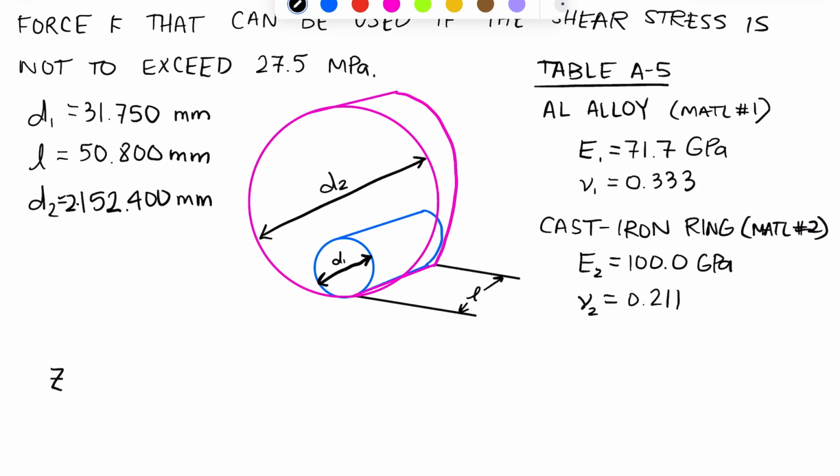So that's the first thing that we can go ahead and identify. We're going to be analyzing an element of material at 0.786 times B. That's where our maximum shear stress occurs, and our maximum shear stress there is equal to sigma y minus sigma z over 2.